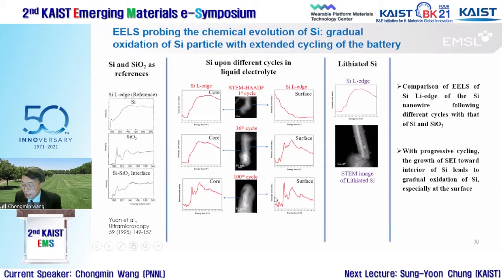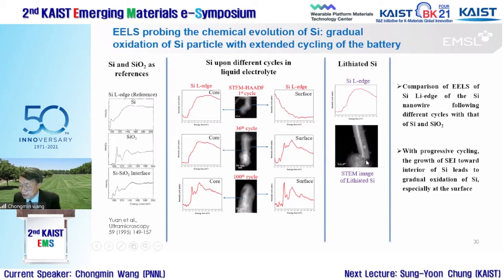And near the surface, you can see it's much more similar to silicon dioxide. So this really indicates, along with the morphological evolution, at the same time, the chemical evolution, with the silicon and the oxygen combining gradually, and the silicon becomes silicon oxide in some way.